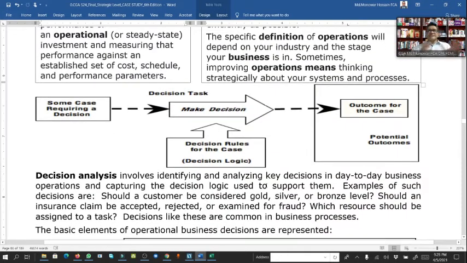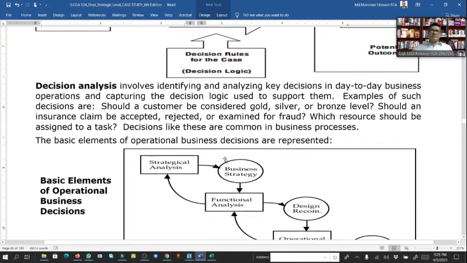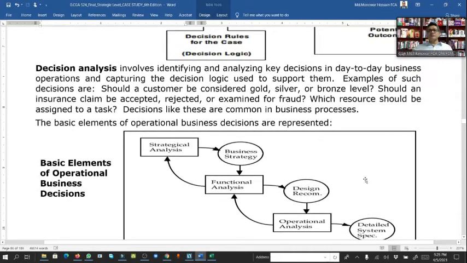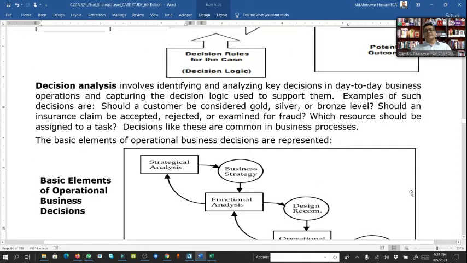Here decision analysis is different. Sometimes we take a case and then we analyze it and make a decision rule for the case, and then we get an outcome and again feedback. So decision analysis within the organization involves identifying and analyzing key decisions in day-to-day business operation, and capturing the decision logic and supporting them.